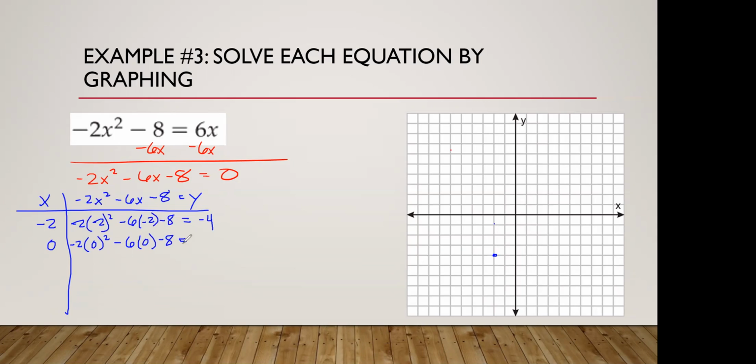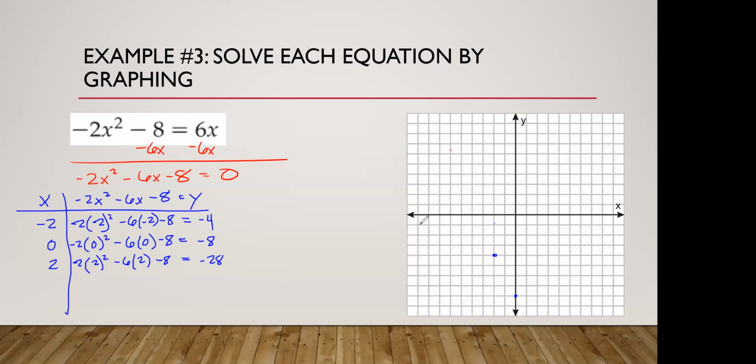I end up getting negative 8. So at 0, y is negative 8. 1, 2, 3, 4, 8 right here. And I'm going to go ahead and try positive 2. So that's negative 2 times 2 squared minus 6 times 2 minus 8. And I end up getting negative 28. So this is going to keep going farther and farther negative.